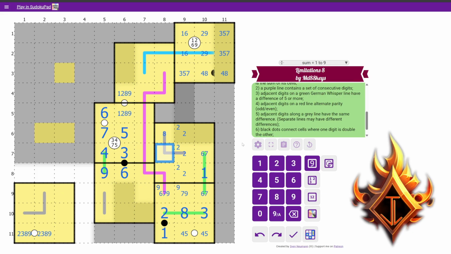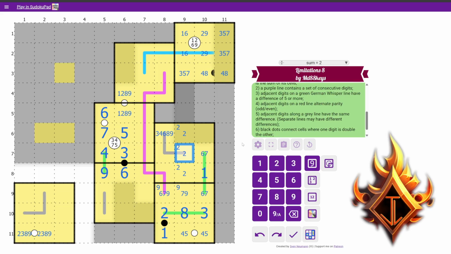Let me take this off. Think what this can be. This can be 3, 4, 6, 8, 9. 2, 3, 4, 6, 8, 9. So if this is 3, it could not go down.